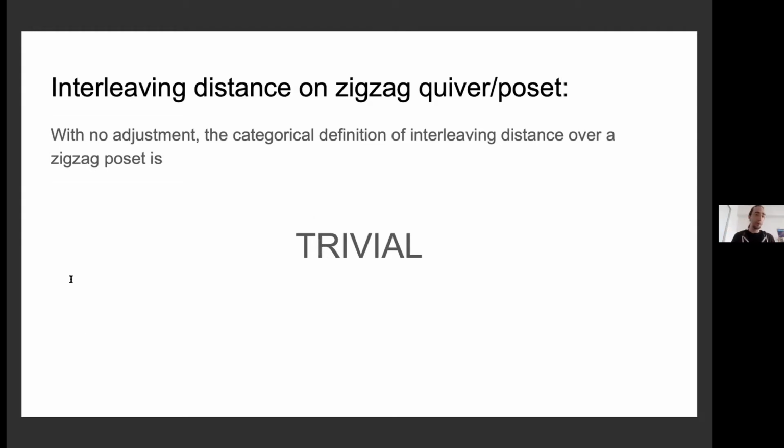And there are no non-trivial translations on a purely zigzag poset. So this is not a qualitative comment, this is a quantitative one. There's just almost nothing to do if you take the exact definition of interleaving distance on a zigzag poset, which of course people realized right away. And so what should we do instead?